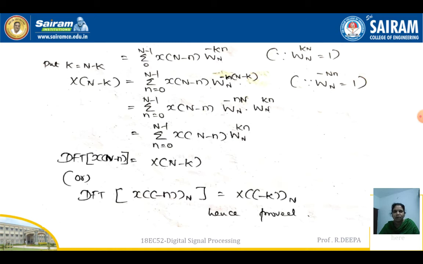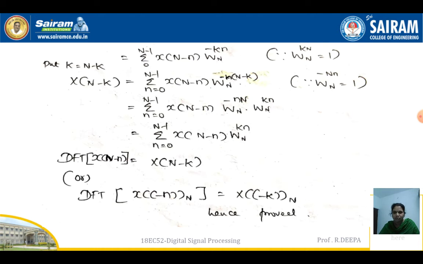Then I am going to separate this W_N into two terms and simplify. As we know, W_N power of minus nN is 1. So finally, on the right hand side, we get the equation as summation n equal to 0 to N minus 1, x(N minus n) W_N power of kn.